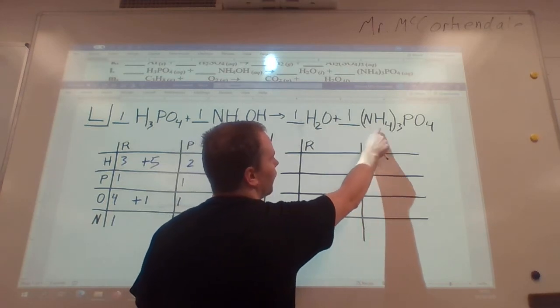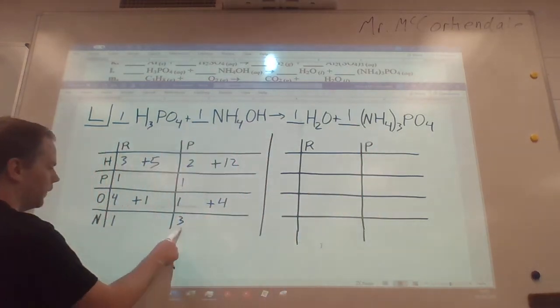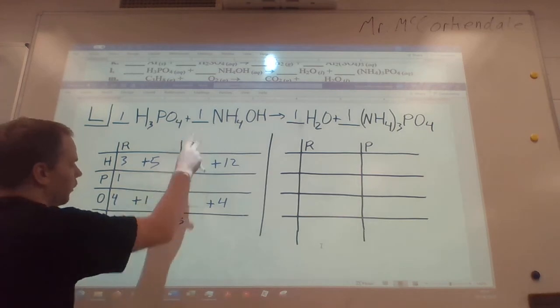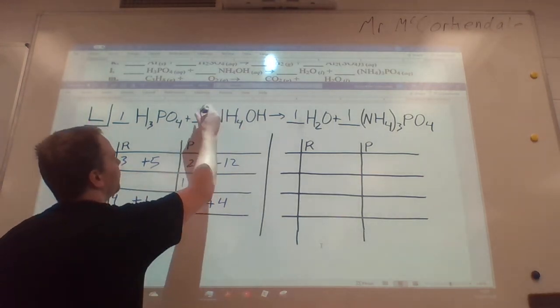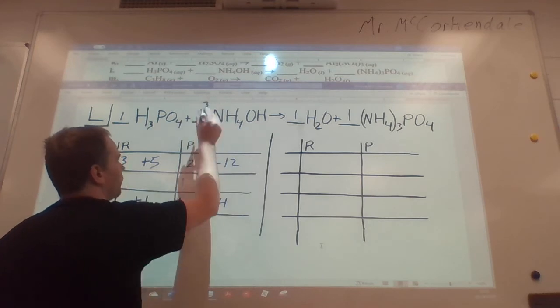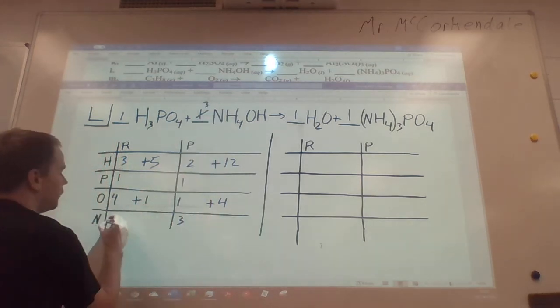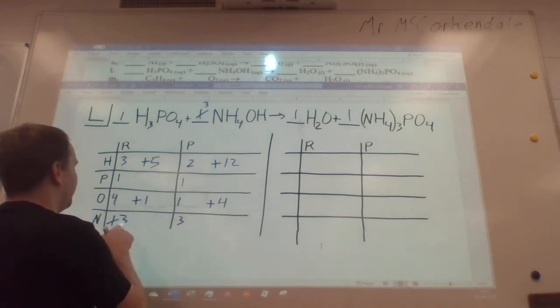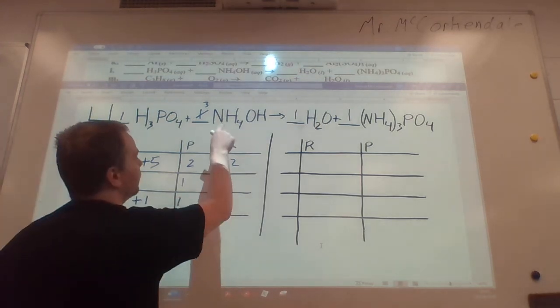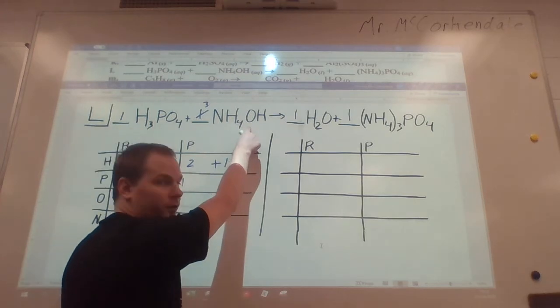Nitrogen is 3 over here, and only 1 over here. So if we come to this side to fix this, we replace this 1 with a 3, and that's going to change our nitrogen to 3 and fix nitrogen. But that 3 also changes hydrogen and oxygen.